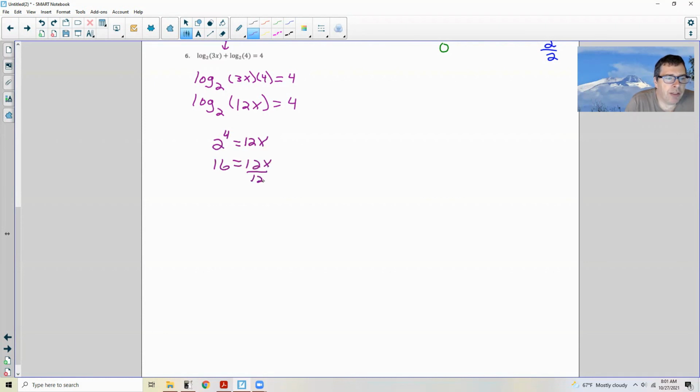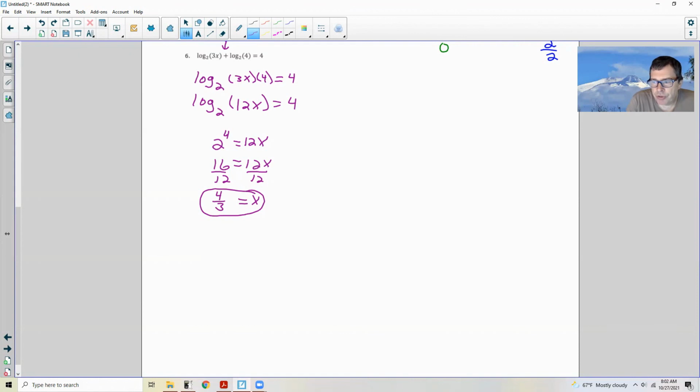Divide both sides by 12, and x equals 16 over 12, which is 4/3. So x is equal to 4/3. Put 4/3 in here. 4/3 times 3 is 4. That's okay. 4/3 times 4 is 16 over 3. That's okay. The answer is 4/3.